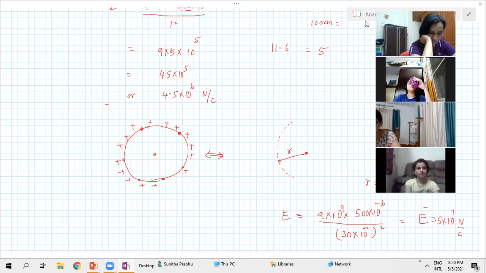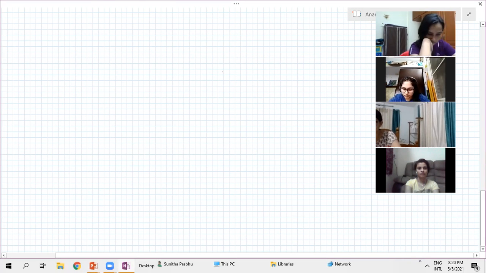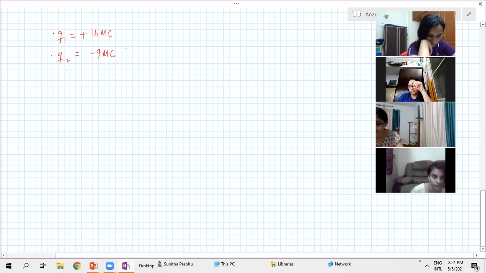Okay, I'm moving ahead. Please make a note of this question. Two point charges plus 16 microcoulomb and minus 9 microcoulomb are placed 8 centimeters apart in air.